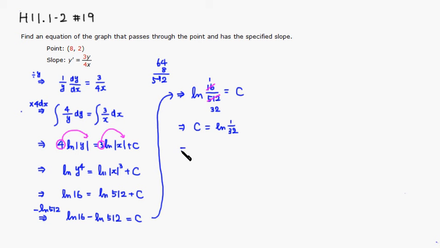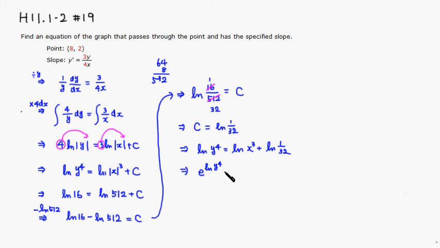So you have natural log of y to the 4th power equals natural log of x cubed plus natural log of 1 over 32. We can get rid of the natural log by raising e to both sides.